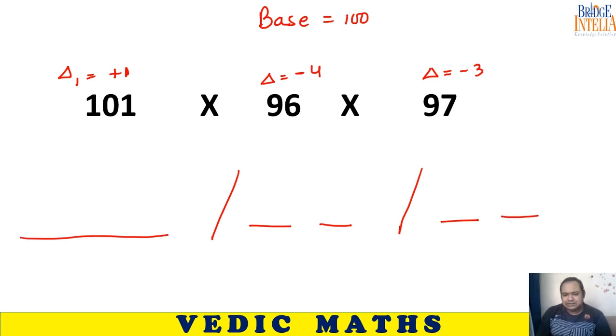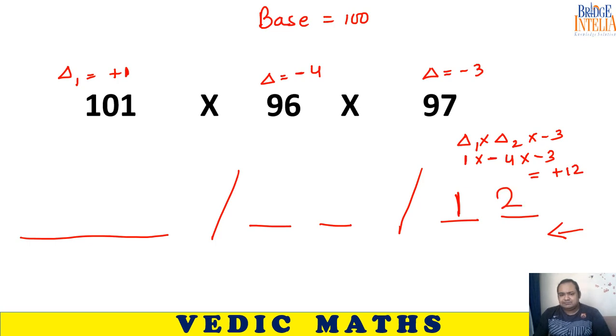And here we don't have to bother. Now let's fill backwards. Delta 1 into delta 2 into delta 3. So 1 into minus 4 into minus 3. Minus minus becomes plus. So 1 into minus 4 into minus 3 is equal to plus 12. So you can write it here, no problem. We have to fill both the blank spaces. So we will write 12.